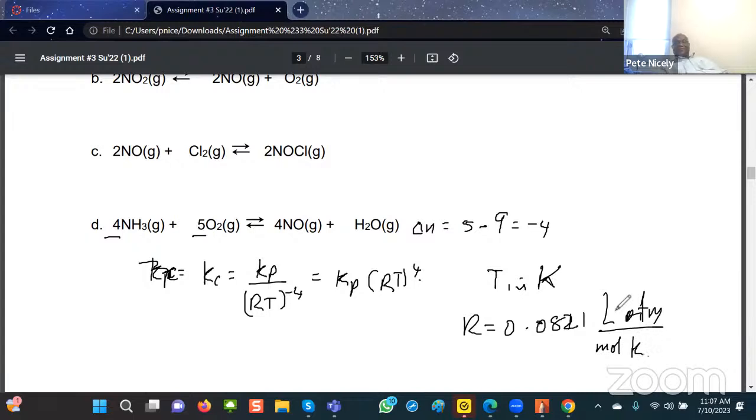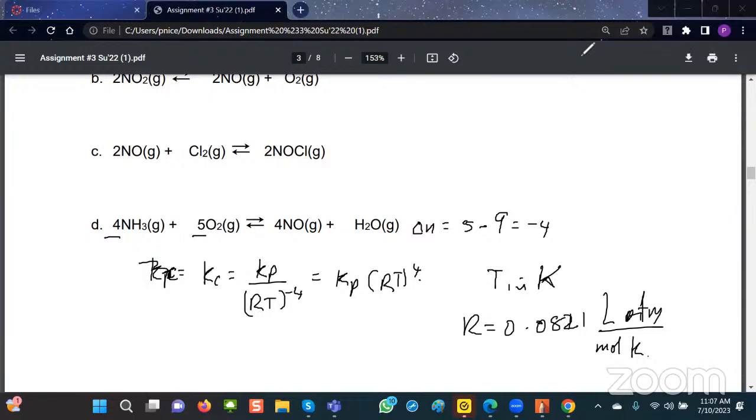All right. So that's what you need to be aware of. The reason I mention this is because you might have a question where you're given values of Kp and you're asked to find Kc or vice versa, in which case you need to know what the temperature is in Kelvin and you need to use this R value right here.